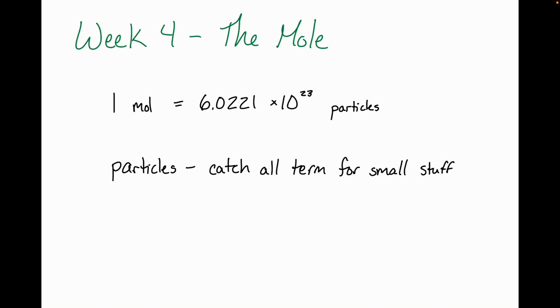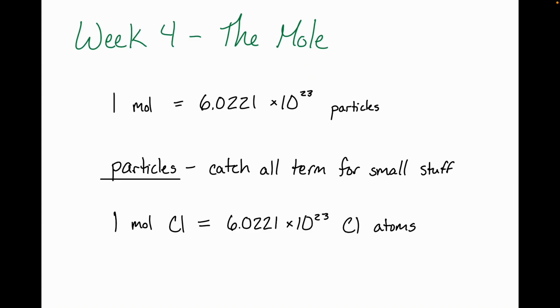But in the world of chemistry, we can be more specific than that. If we're talking about individual elements on the periodic table, we would be talking in terms of atoms. For example, 1 mole of chlorine implies that you have 6.0221 times 10 to the 23 chlorine atoms.